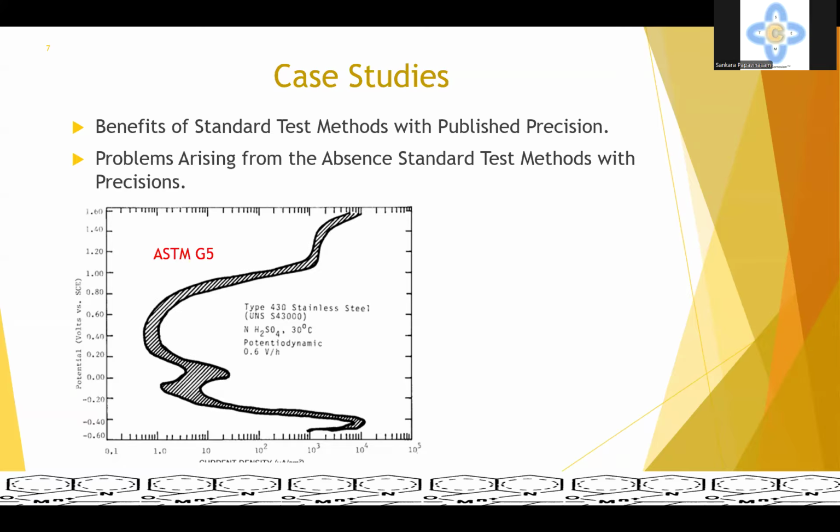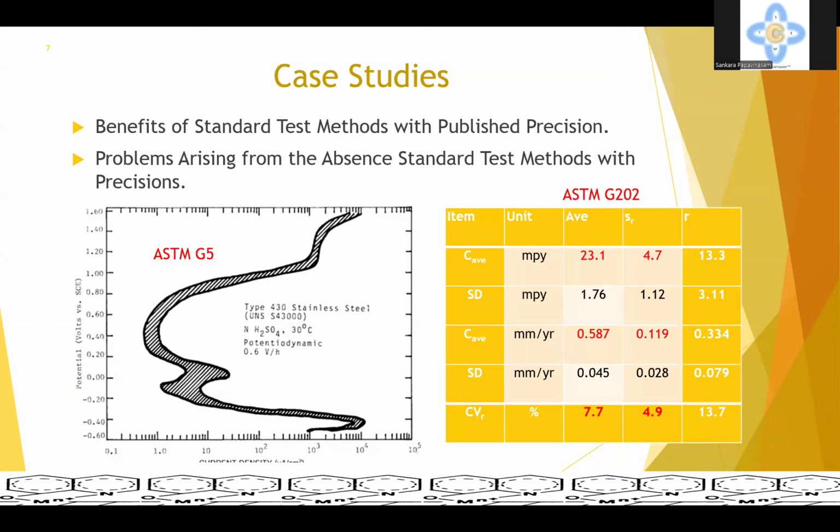standard test methods. The second standard test method is ASTM G202, which is closer to our heart for inhibitor evaluation. This is the repeatability statement published by ASTM G202. Again, note here, the average is 23.1 mils per year, 0.587 millimeters per year.